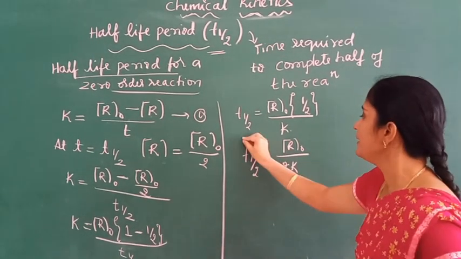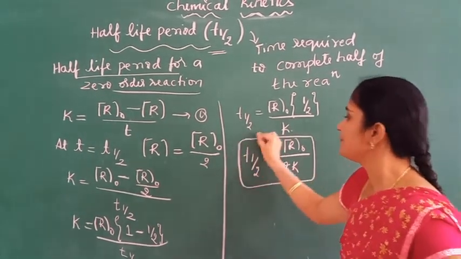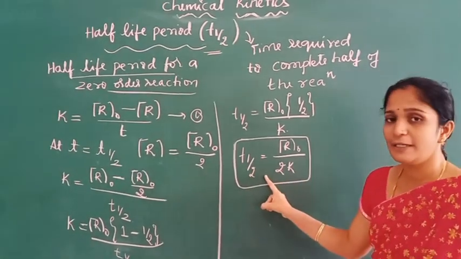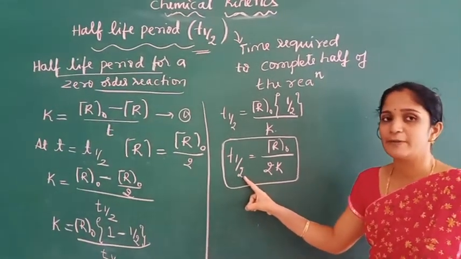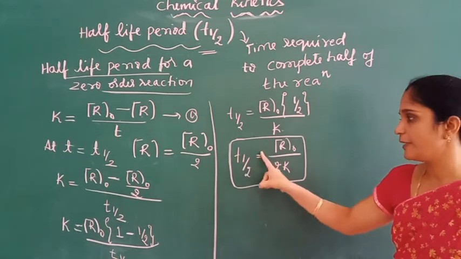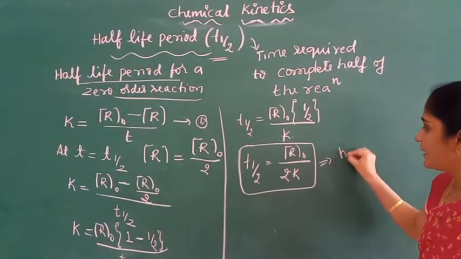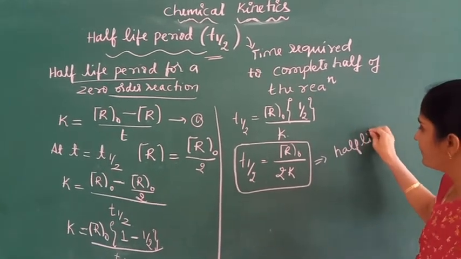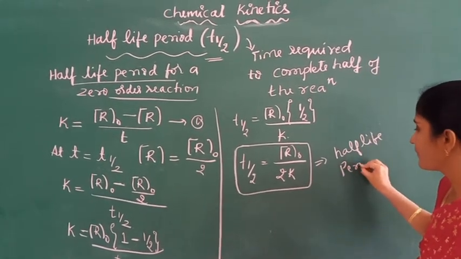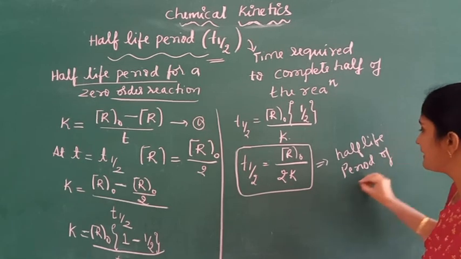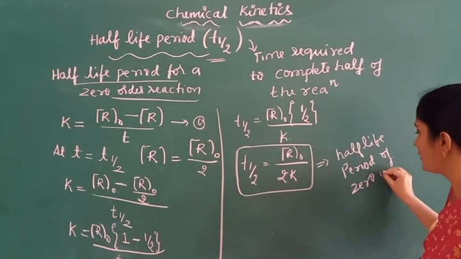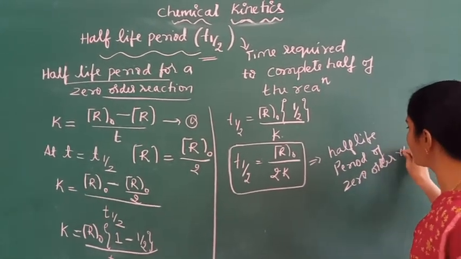So this is the expression for half-life period of a zero order reaction: t half equals R naught divided by 2k.